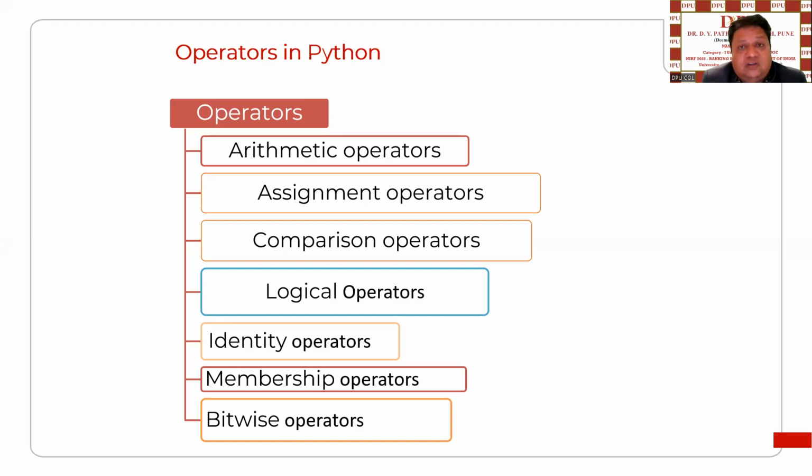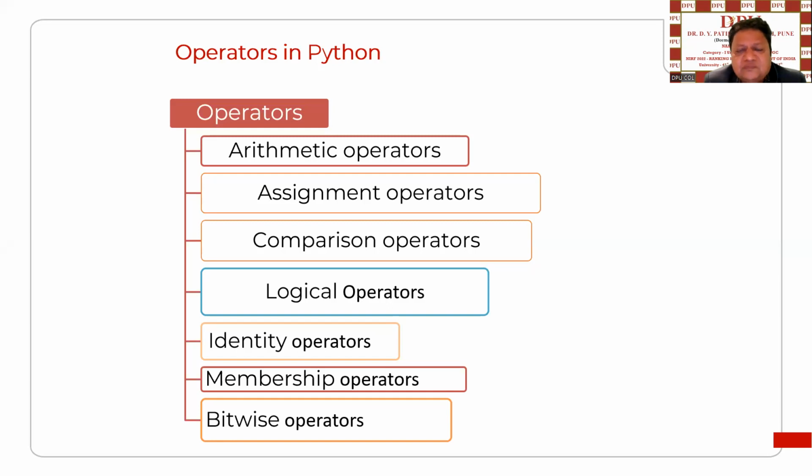And what are the logical operators available in Python? That is or, and, not. These are the logical operators available in Python, so that we can combine multiple conditions.